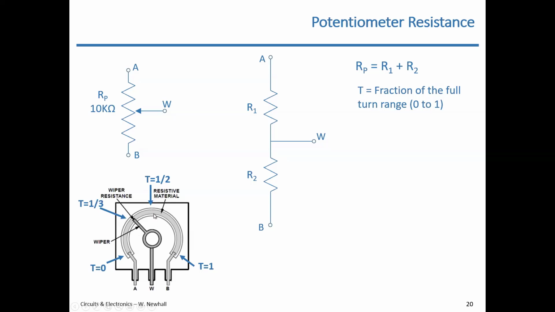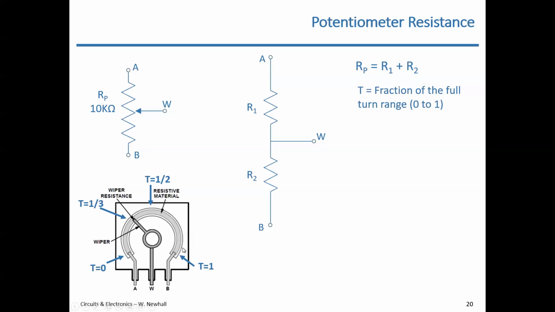If I have the wiper at 1/2 of the position between A and B, that would be T equals 1/2. And if I turn the wiper all the way to the right, that would be T equals 1. Now, you don't take this as all the way to the left is always T equals 0 and all the way to the right is always T equals 1. You could define it as all the way to the right is T equals 0 and all the way to the left is T equals 1.